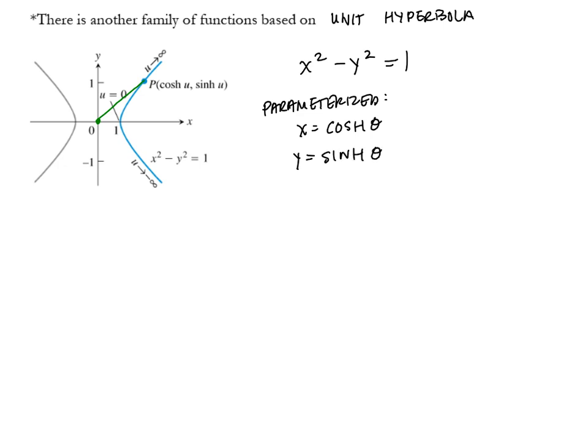We call these cosh and sinh respectively because that's what they sound like when we read them. But in this case, theta is not the angle but the area from the positive x-axis to the terminal side with a boundary on the unit hyperbola. So that's a little bit different, but theta is still the parameter.